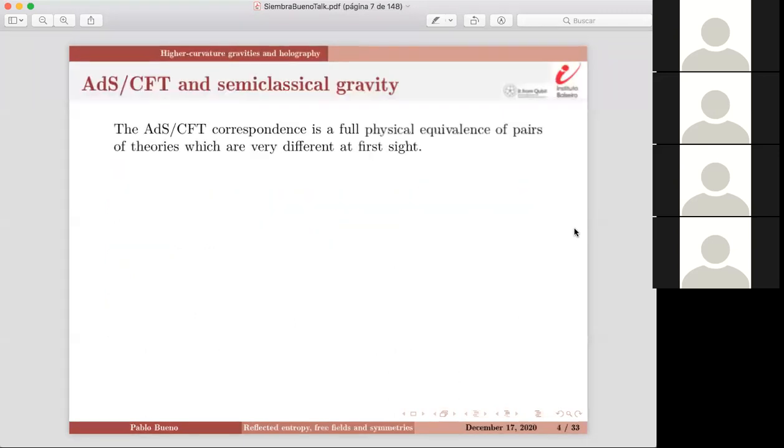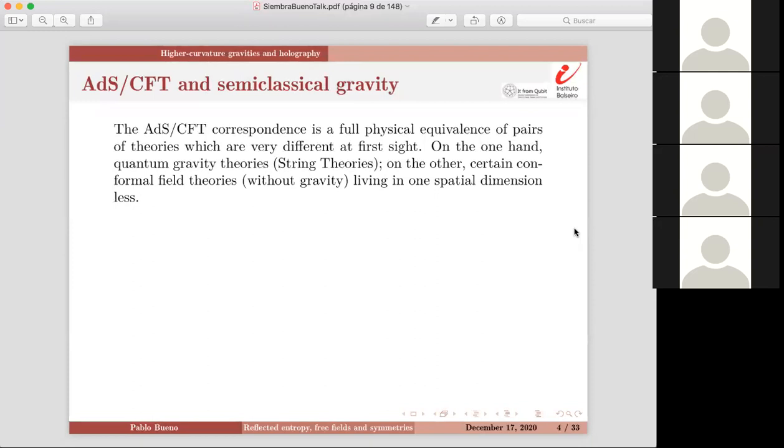So let me start with some general things. Well, first of all, as you all know probably, the AdS/CFT correspondence is a physical equivalence between pairs of theories, or perhaps in some cases between a theory and an ensemble of theories, whatever that may mean, which are very different in principle. On the one hand, we have gravity theories, quantum gravity theories, string theories usually, or always in principle.